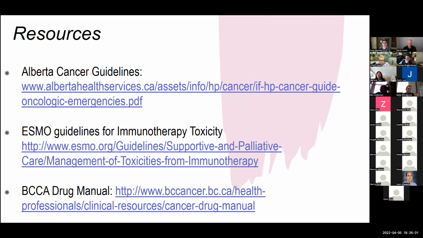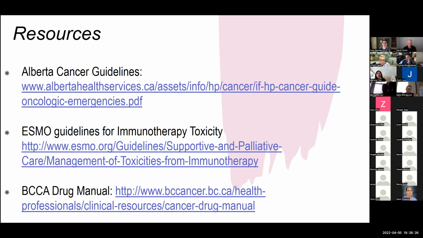Another really good resource is the European Society of Medical Oncology guidelines for immunotherapy toxicity. This is for those patients who are on immunotherapy drugs like nivolumab, ipilimumab, atezolizumab, durvalumab, and they can present with some very strange toxicities that you would never think about.